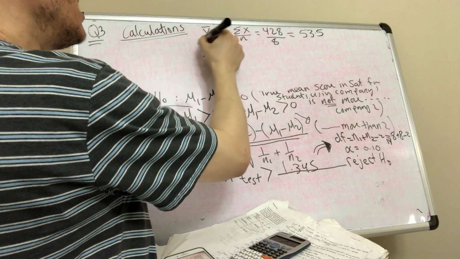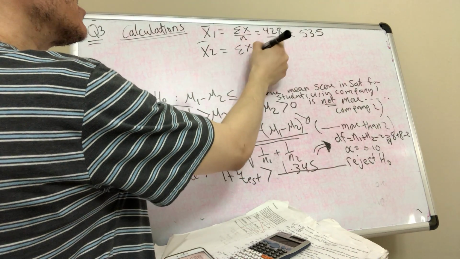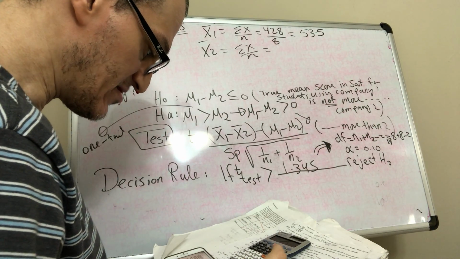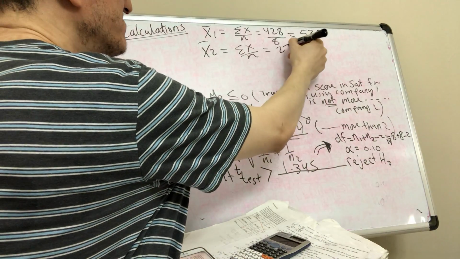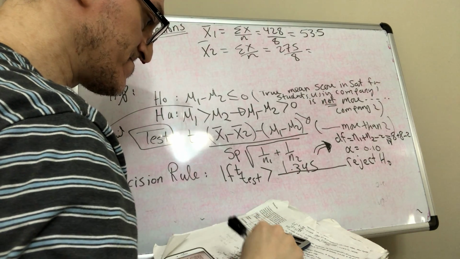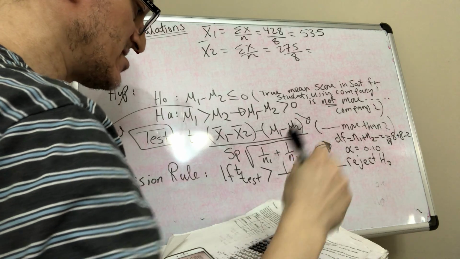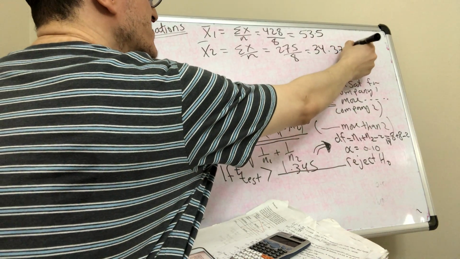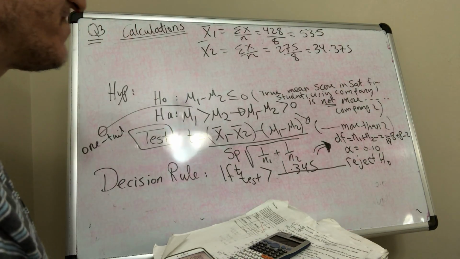We also need the average of company 2, which is the sum over n. For company 2, the sum is 275 over 8. And that gives you 34375. So we have the averages.